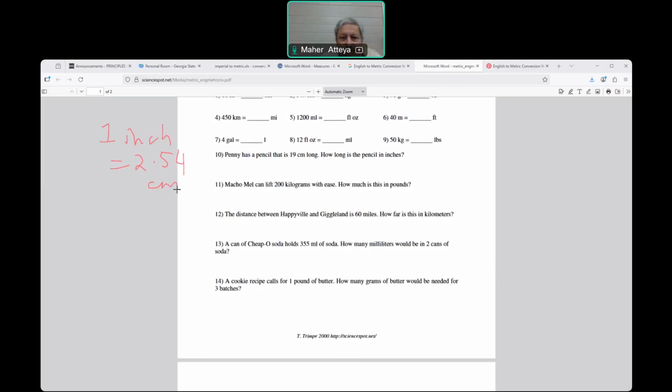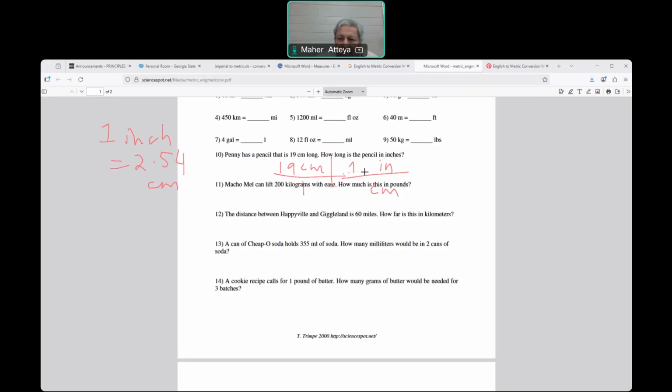So you start with 19 centimeters over 1, then you put centimeters in the bottom and inches in the top.